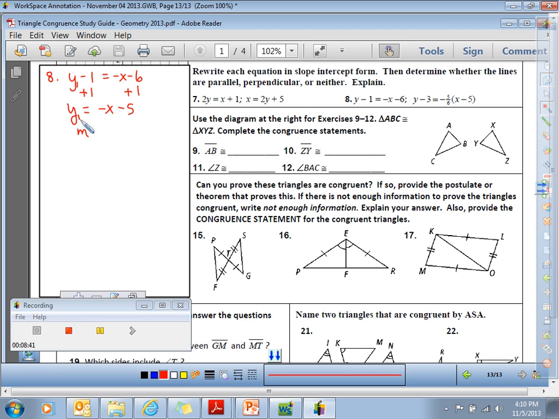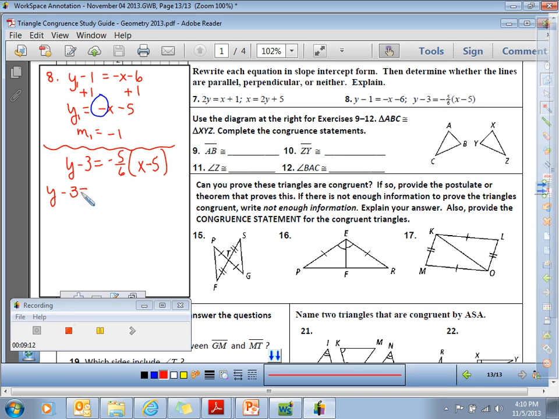So the slope for this line, we'll call it y1, is here in front of the x. That would be a negative 1. The other line is y minus 3 is equal to negative 5/6 times x minus 5. So we'll get it in slope-intercept form.